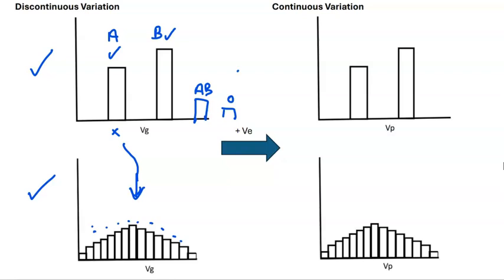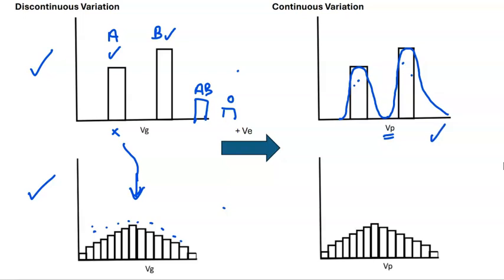Now, both of these are subject to environmental impacts, which would tend to smooth out the variation. So if we take the original 2 genotypic classes here, once we add in the environmental effect, the phenotypic variation would tend to smooth out these distinct categories, leading to this kind of bimodal distribution of characteristics that we would have here.